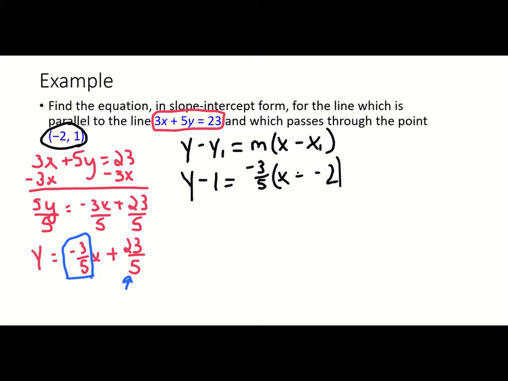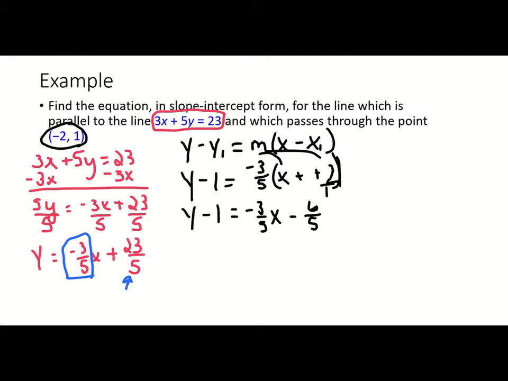So remember that becomes plus a positive there. All right, now we are going to simplify. So we're going to have y minus 1 equals, I'm going to distribute, -3/5 x, and then 2 over 1 times -3/5 will give me -6/5.